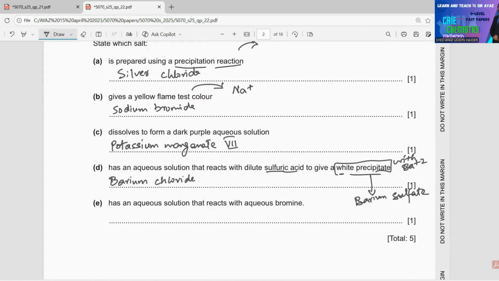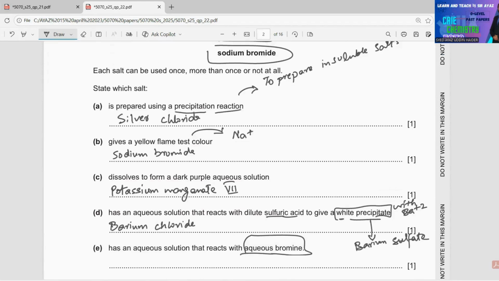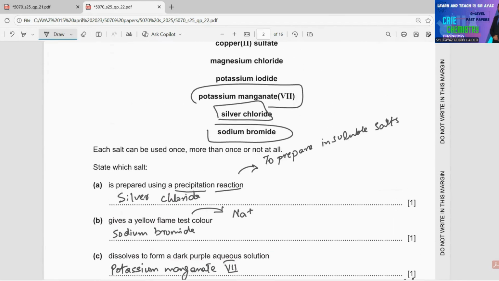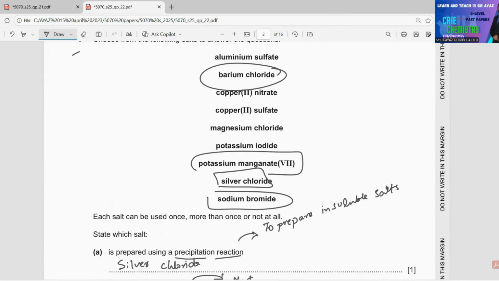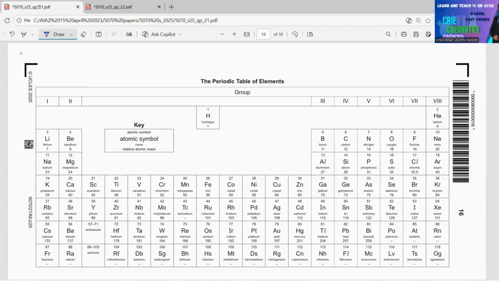Part E, has an aqueous solution that reacts with aqueous bromine. Now this indicates the halogen group. If you look at the group, here's group number 7. So halogens: fluorine, chlorine, bromine, iodine, astatine.